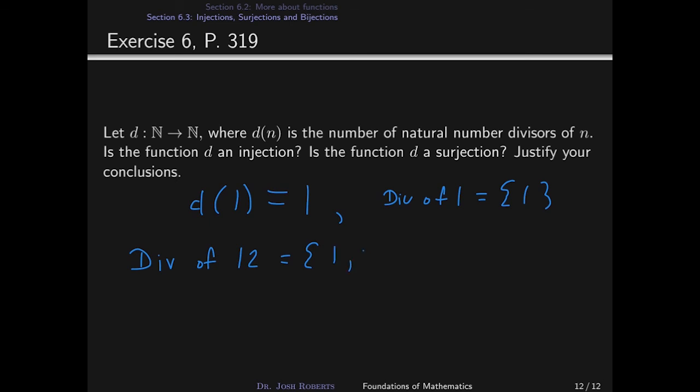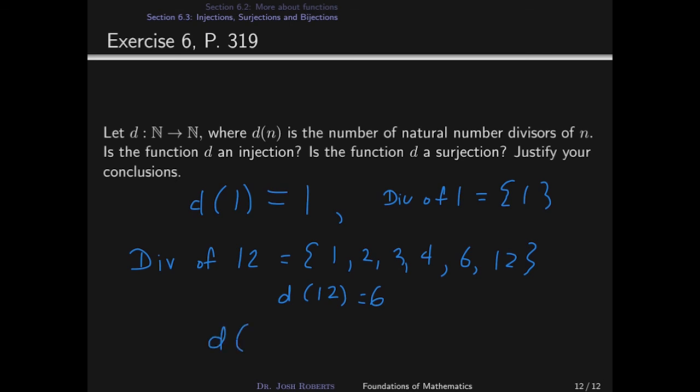I have 1, 2, 3 goes into it, 4 goes into it, 6 goes into it, 12 goes into it. So those are the natural number divisors of 12. That means that d of 12 is 1, 2, 3, 4, 5, 6. This is 6.